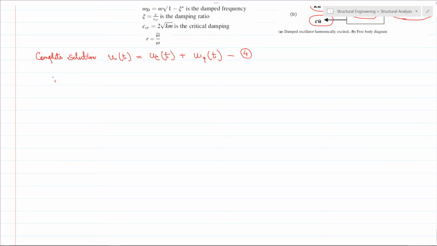Number 1, the system may be an underdamped system, or it may be a critically damped system, or it may be an over damped system.